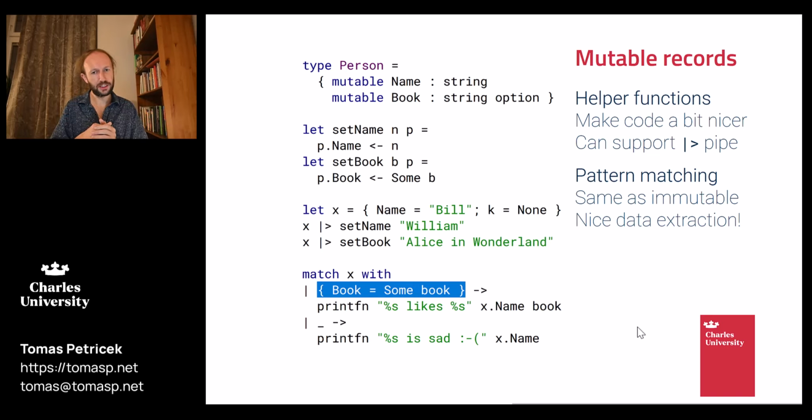Well, maybe we could match the x.book with an option, and that would work as well. But the interesting thing that you can do is you can pattern match on records and specify only the properties that you're interested in. And for each of the properties, you can again specify a nested pattern. And so here we're taking any person where the book matches this pattern. So there's some book, and then we get the book. And this is a useful trick. It makes extracting data from records sometimes a bit easier.